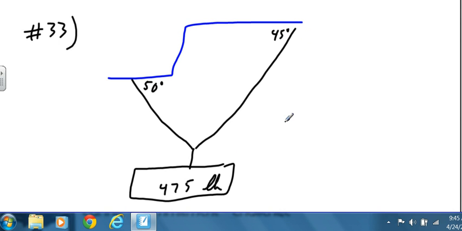Now, is the sign moving? That's the key issue. If the sign is moving and is about to yank off the building, then we can't do anything about it. But if the sign is stationary and not moving back and forth, then this guy's x component has to equal that guy's x component.